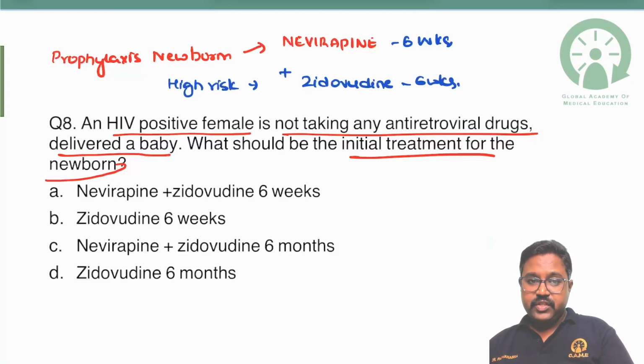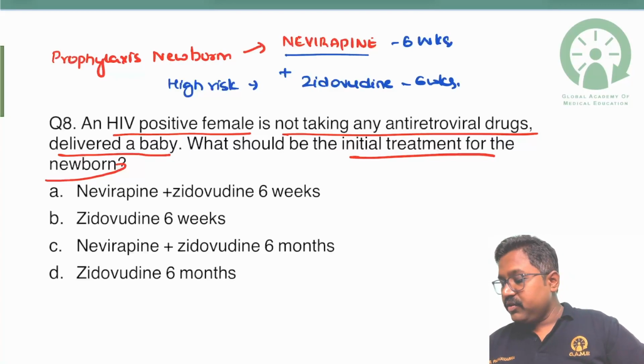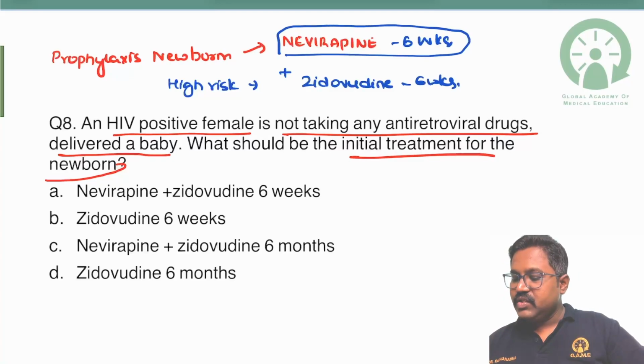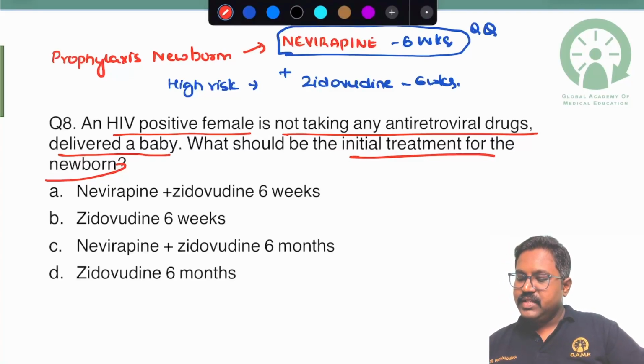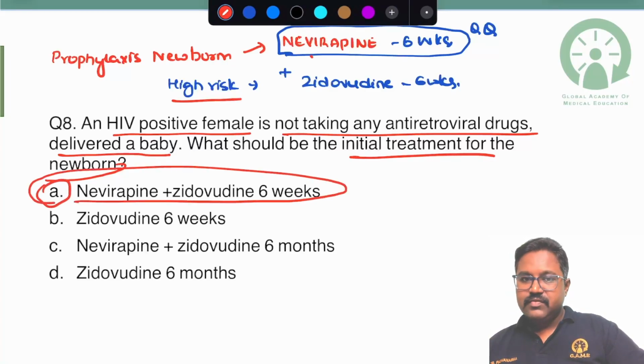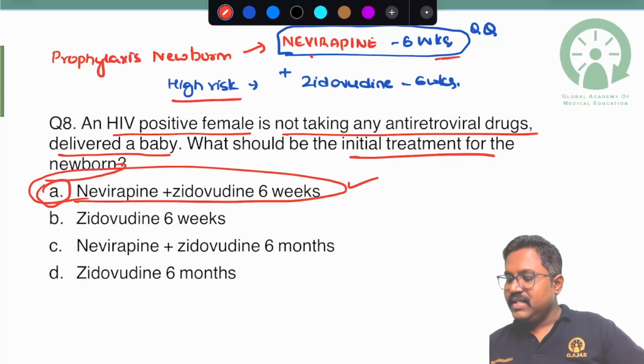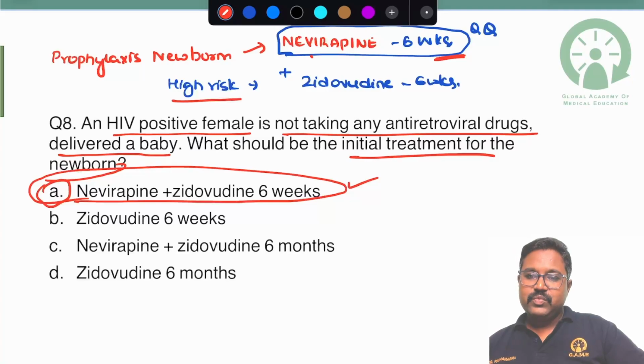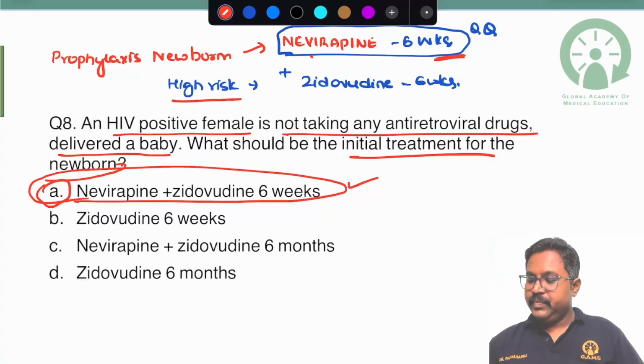If the option was clearly mentioned about the nevirapine, then you should go for nevirapine 6 weeks. If the question tells you about the severity, and if there is no option of nevirapine alone, if there is a combination, then you should go with nevirapine and zidovudine for 6 weeks. That will be your right answer. Otherwise, nevirapine 6 weeks will always be the best answer.